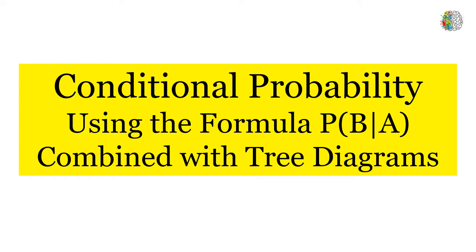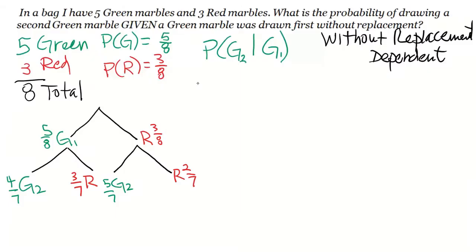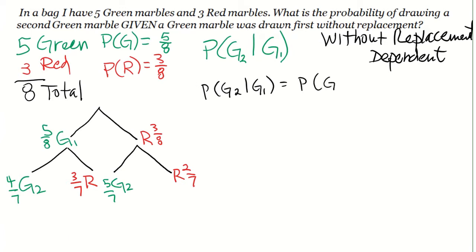Next, we're going to see how to use the formula for conditional probability in combination with tree diagrams to solve for conditional probability. The formula for finding the probability of G2 given G1 is the probability of G1 and G2 divided by the probability of G1.